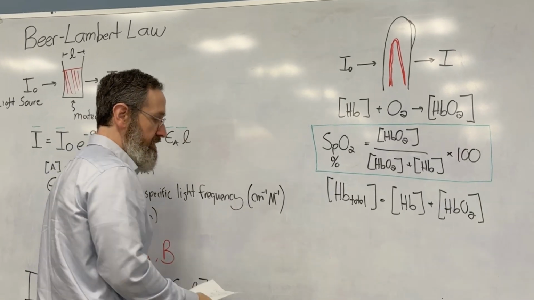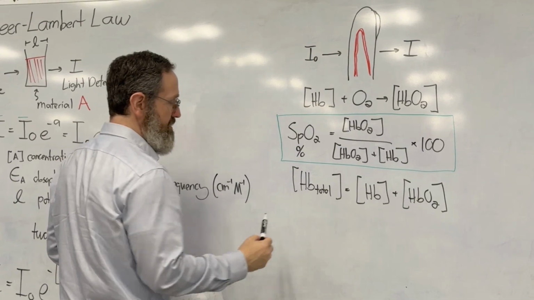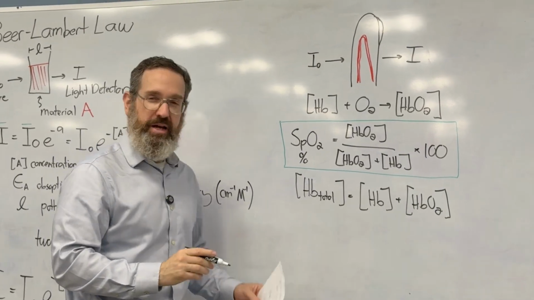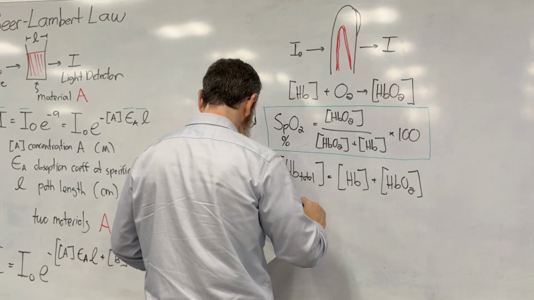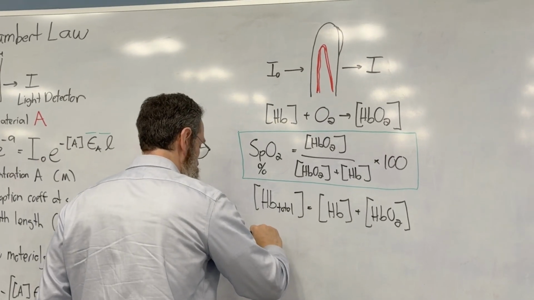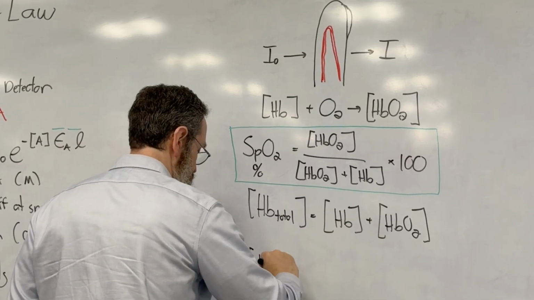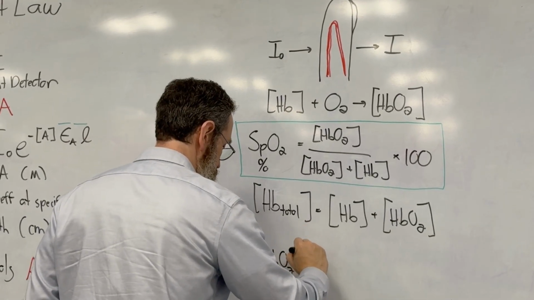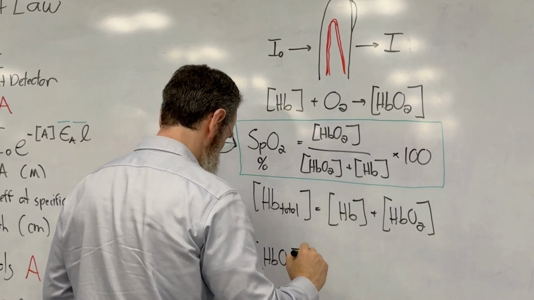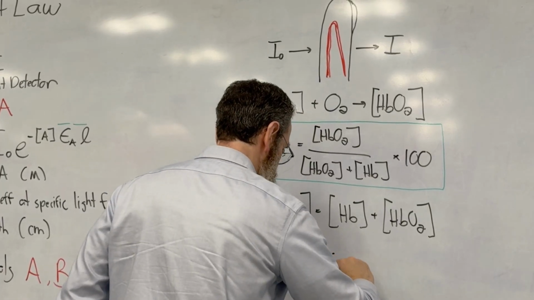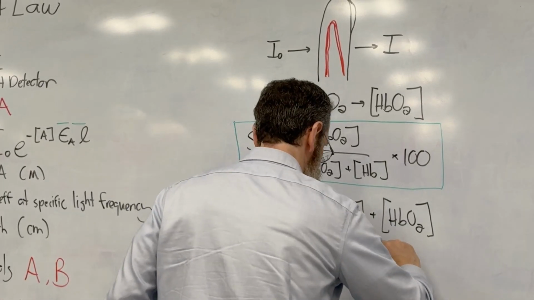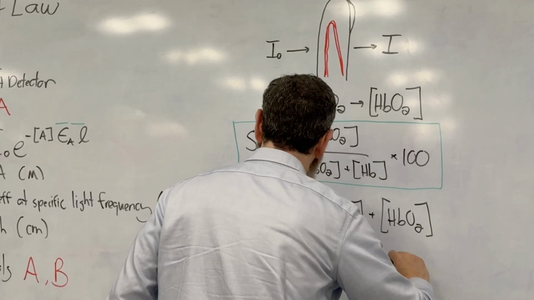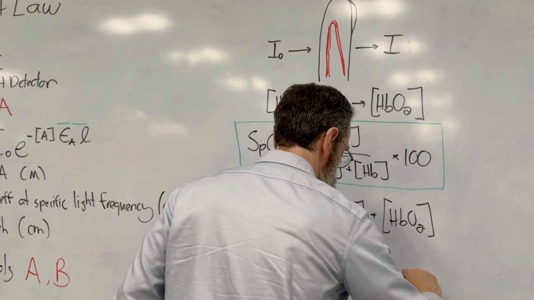I want to give you a couple of corollaries of this, which right now may not seem to make much sense, but they're going to be very useful later. We can say that the concentration of oxyhemoglobin is equal to this SpO2 quantity times the Hb total.